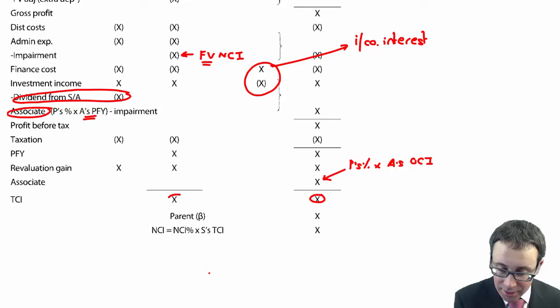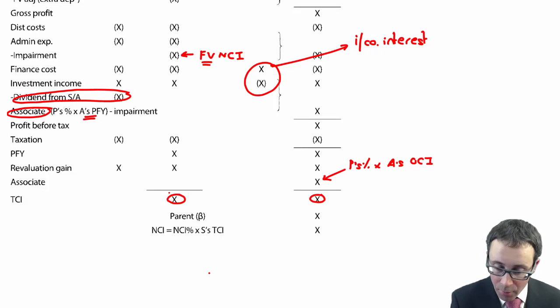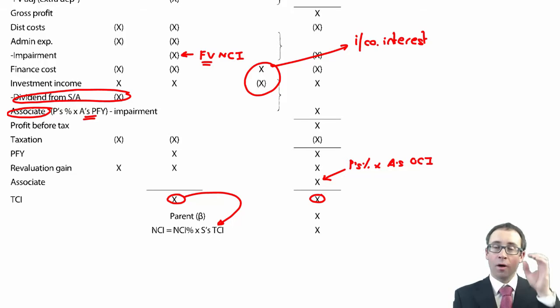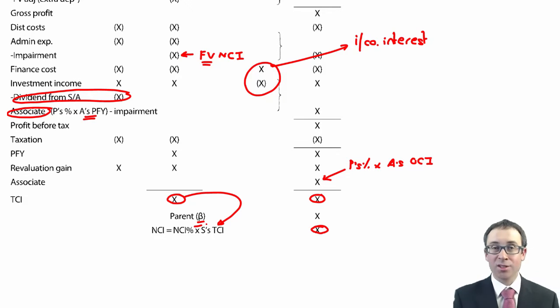You then total up S's to get S's total comprehensive income, and then what you do is you then take the non-controlling interest share of that total comprehensive income of S, and then you can work out what the balancing figure is that is then attributable to the parent. So you take your group total comprehensive income figure, you deduct your non-controlling interest, and then your balancing figure is that which is attributable to the parent.